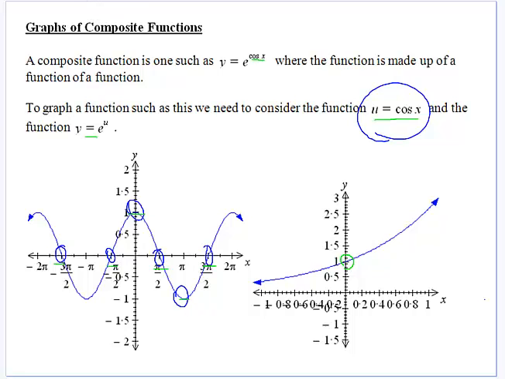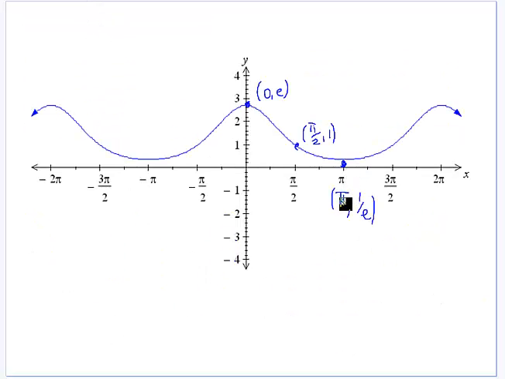So that's going to be our lowest values. So you can see that with pi it was 1 on e, pi on 2 was 1, 3 pi on 2 is 1, 0 is e, and similarly. So you get that same shape occurring as you go through.